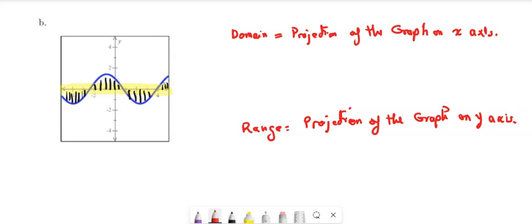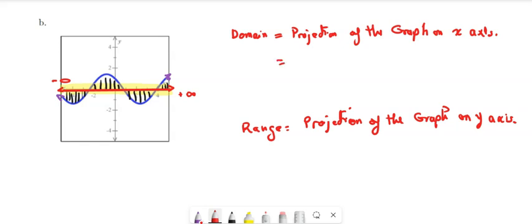Now the set of points that has a shadow, you can see the shadow is everywhere here. And since this function keeps going all the way up and down, the shadow is going to keep going. So we're going to assume it comes from all the way -infinity and keeps going all the way to +infinity.